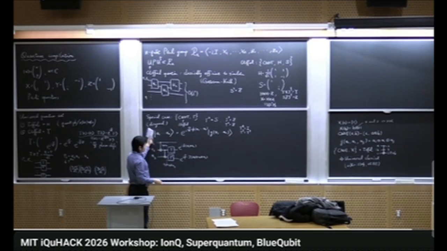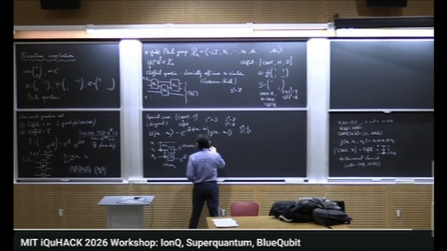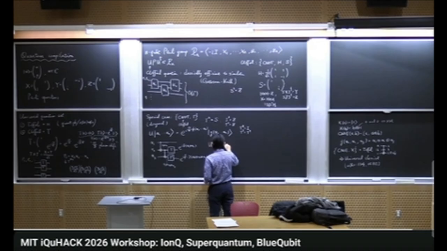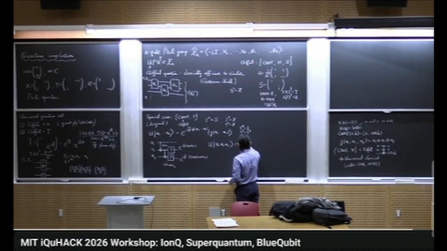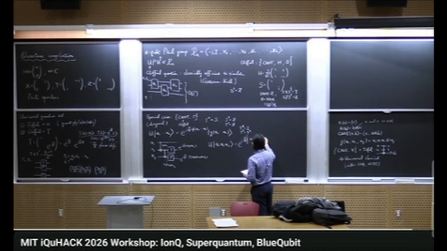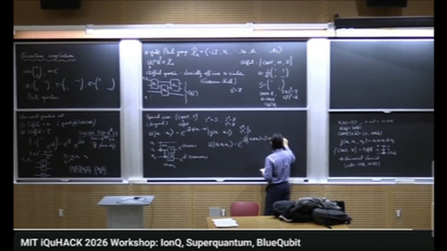So then if you put it all together, you will basically get that the action of the unitary is e to the i pi over 4, you have the first term here, right? And then you have the second term. And then you have the new state.